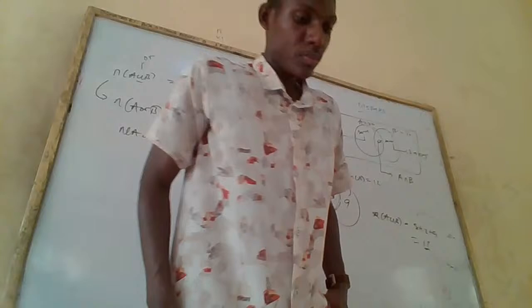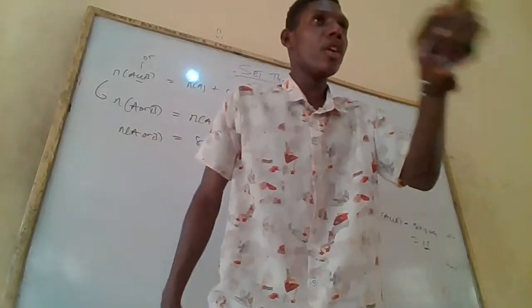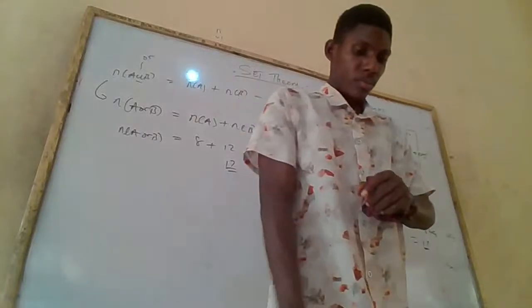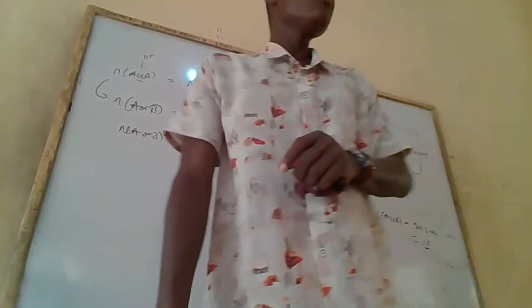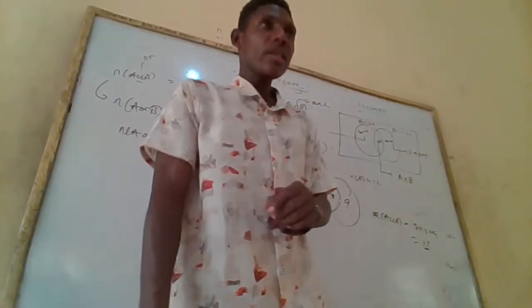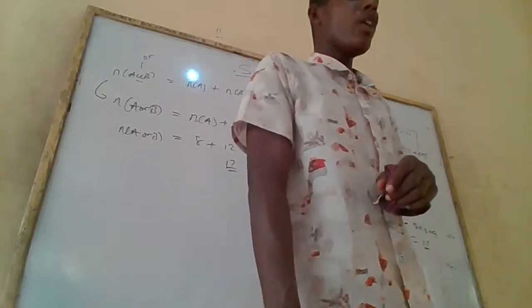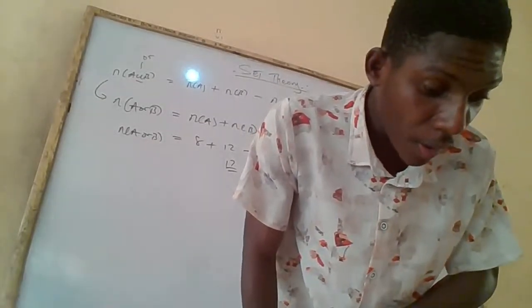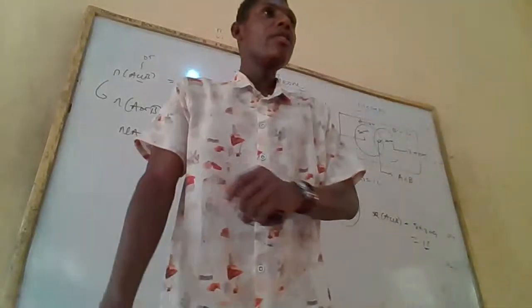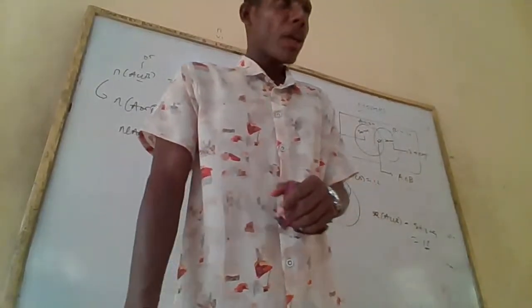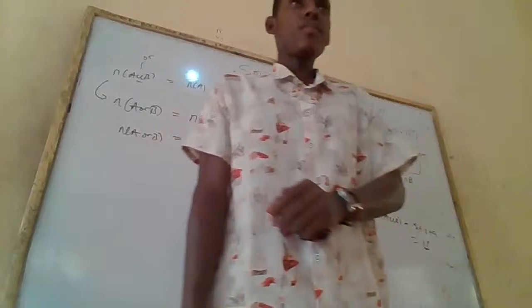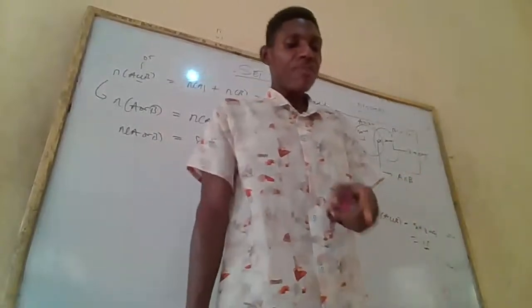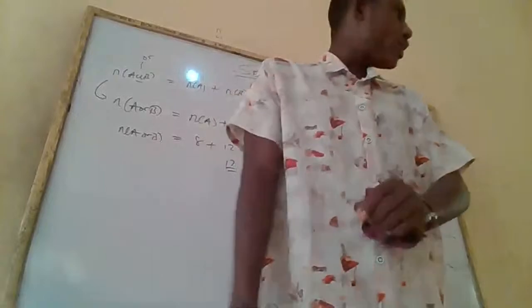Now, next question. And I want you to solve this yourself quickly. If n of p is equal to 20, n of q is equal to 30, and n of p union q is equal to 40.